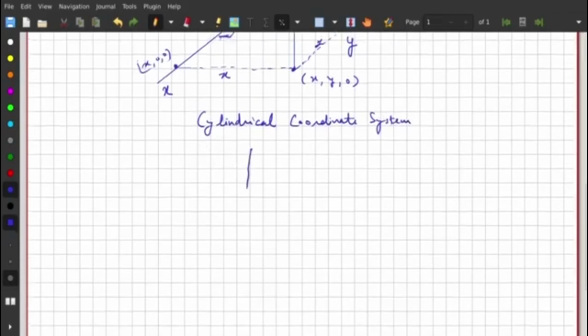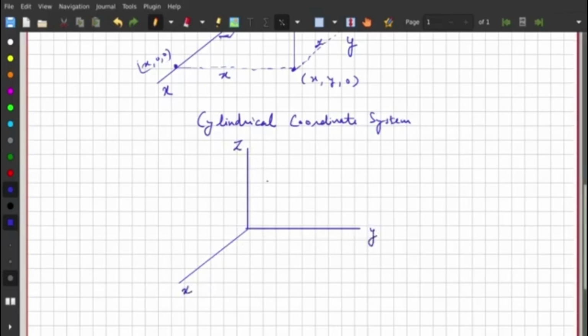Let's again draw the Cartesian coordinates just for reference purposes, because that is the system in which it's always easier to write things down. X, Y, Z, that is our general Cartesian coordinates. And let's say we have our point P, whose Cartesian components we know are given by x, y, and z.